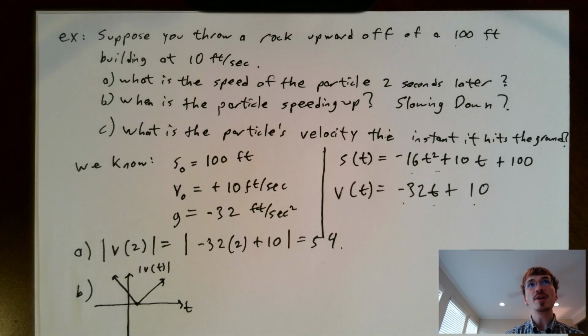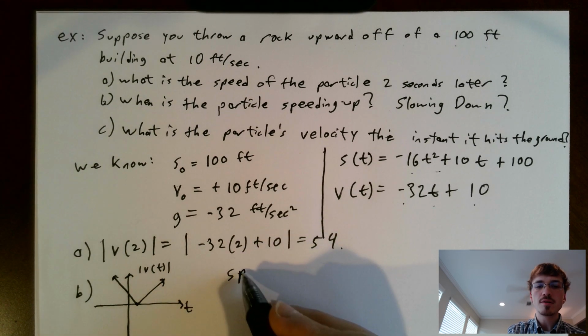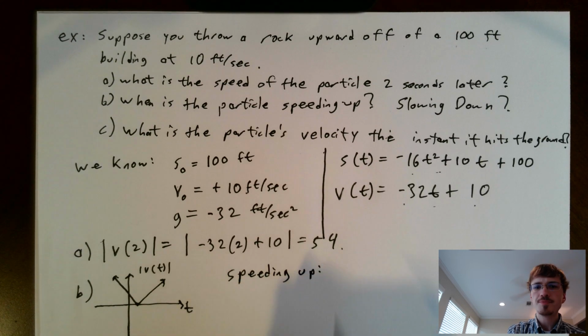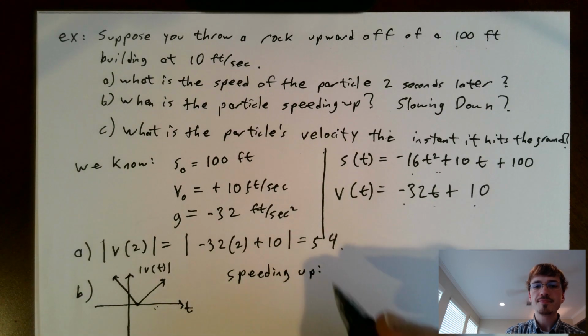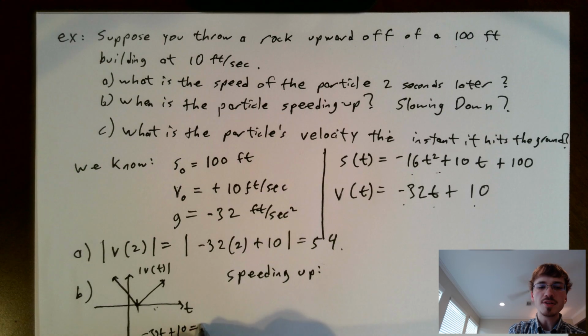But how do we answer the question, when is it speeding up, when is it slowing down? Remember, to speed up means that this speed is increasing. So when are we speeding up? We're speeding up where this is increasing. Well, what's this point here? This point is where our velocity function, negative 32t plus 10, is equal to 0, which happens at t equals 10 divided by 32.